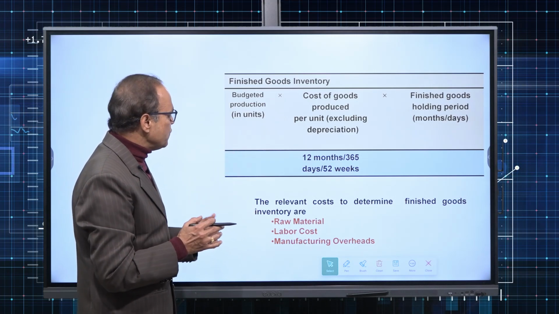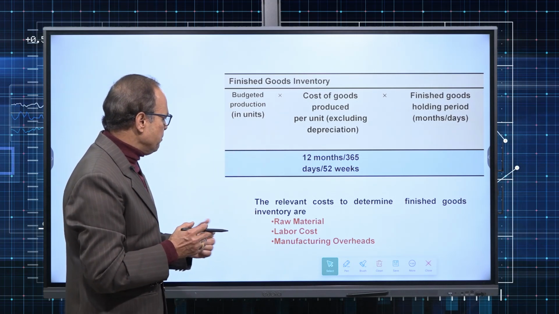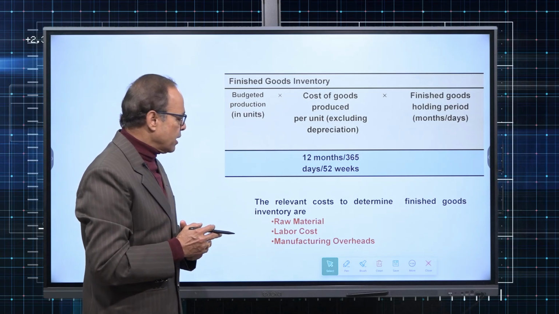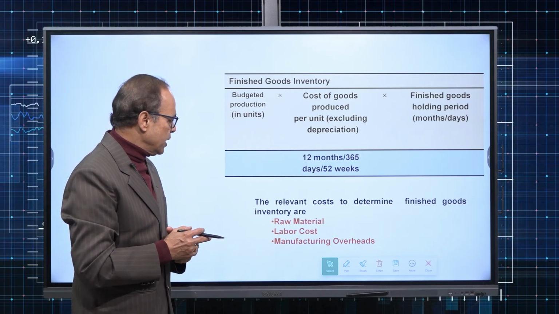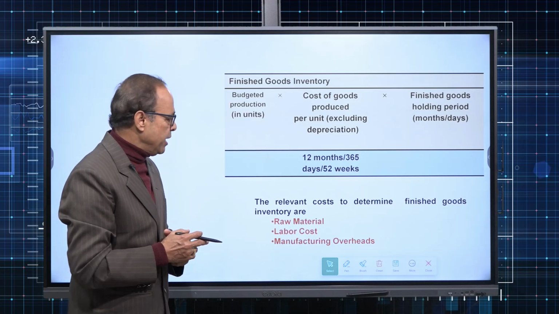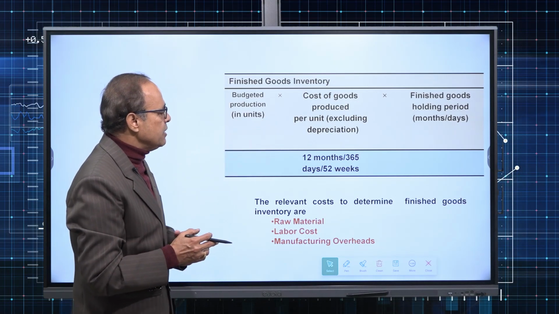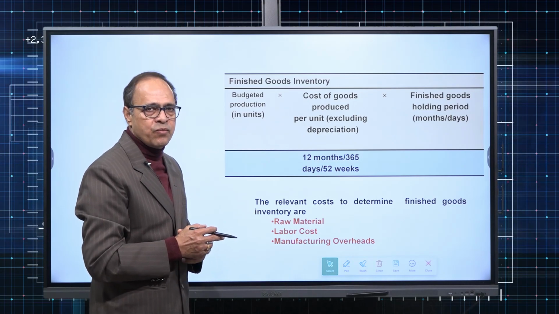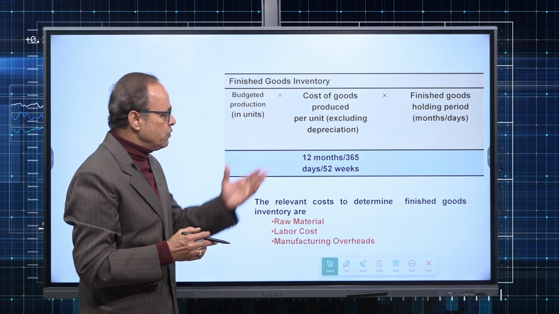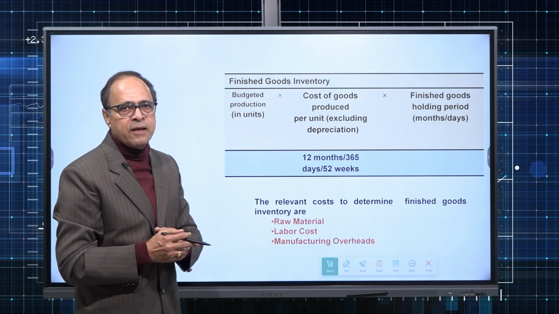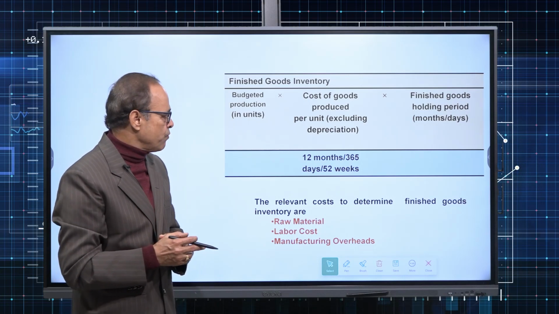Now, this cost of goods produced simply comprises raw material 100%, labor cost 100% and manufacturing overheads 100%, multiplied by the finished goods holding period in months, days or weeks. Week is not written over there, but sometimes it is given in weeks also.